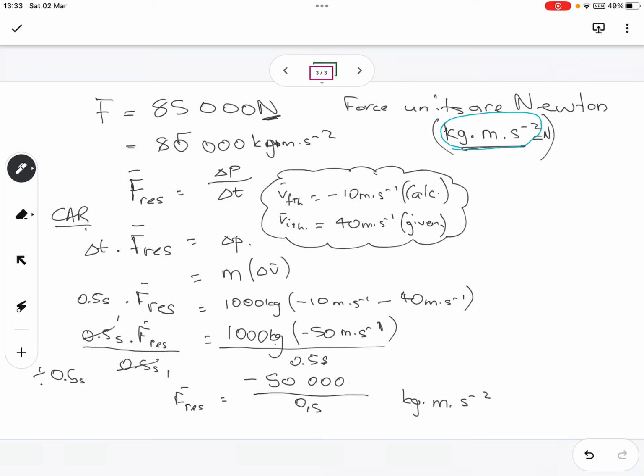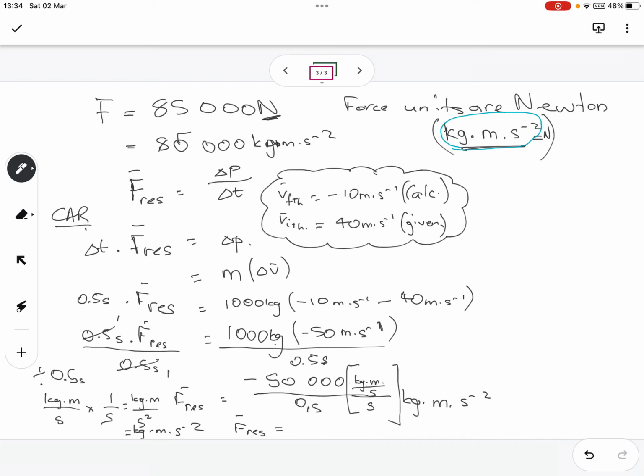Let me not put the kilograms. My arithmetic is not so great. And then we divide that by 0.5. So we've got kilogram meters per second divided by second. So then this becomes kilogram meters per second times 1 over s, and this gives you kilogram meters per second squared, which is kilograms meters per second squared, like that.